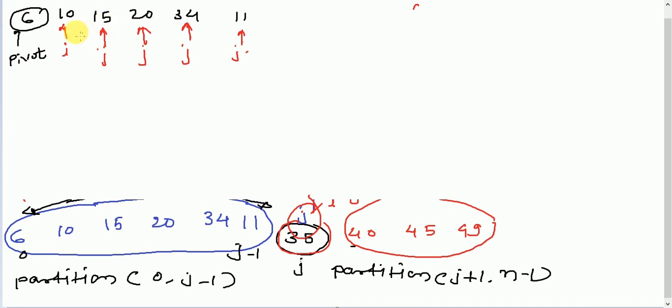Then 15 is greater than 6, j minus minus, j will point to 10. Then 10 is greater than 6, j minus minus, j will point to 6. Now 6 is not greater than 6, so this will stop here.